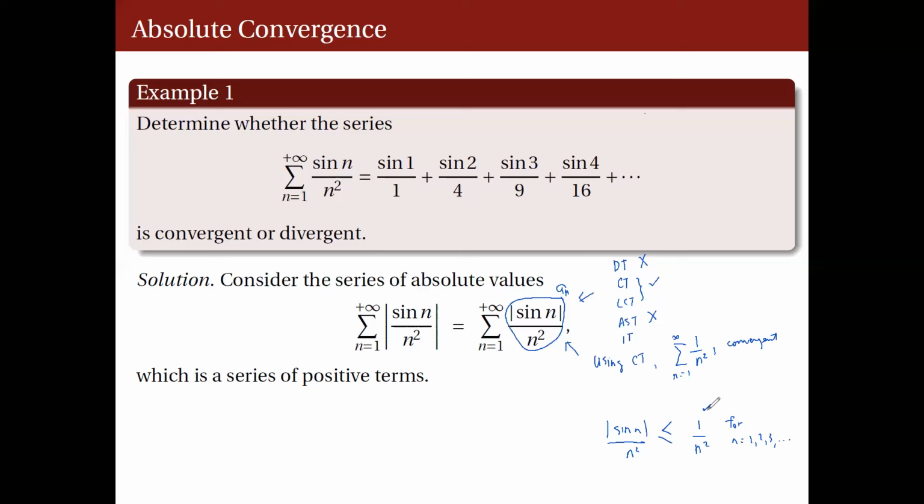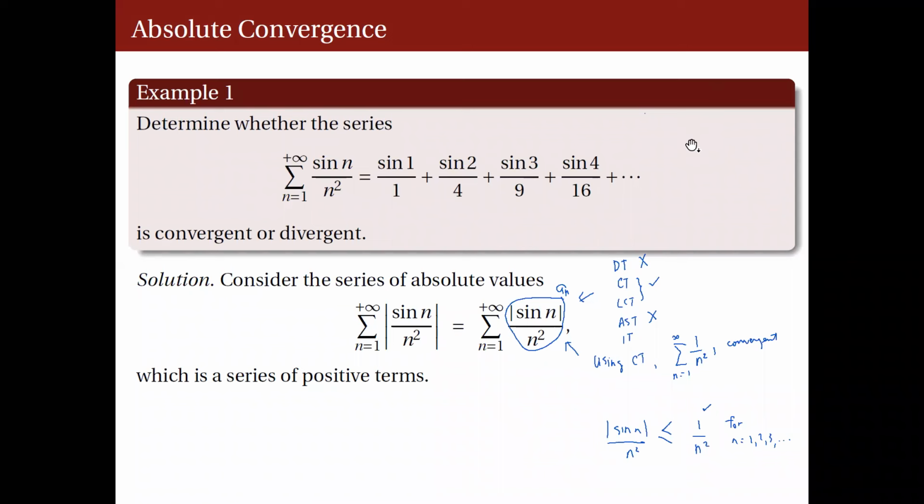So this inequality is true. Now, since this series is convergent, yung series na ang terms ay 1 over n squared, then yung series na ang terms ay sin n, absolute value over n squared, is also convergent by comparison test.